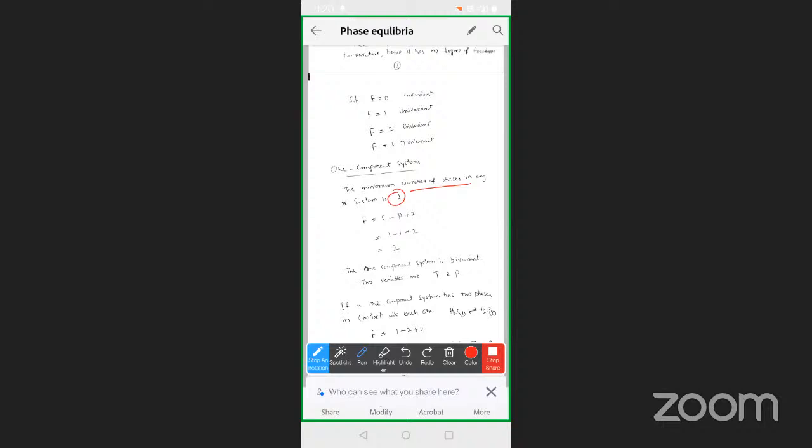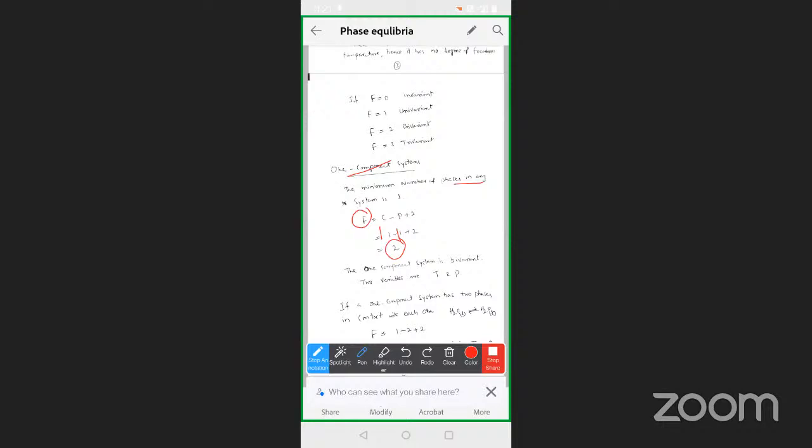So according to the phase rule, F equal to C minus P plus 2. Here it is a one component system, so C equal to 1. The minimum number of phases should be 1. So 1 minus 1 plus 2, F equal to 2. So what is F?